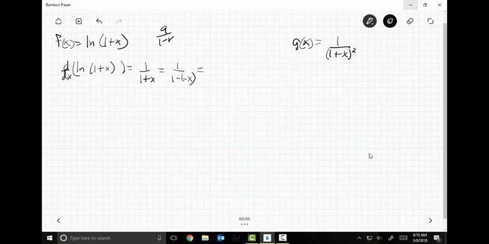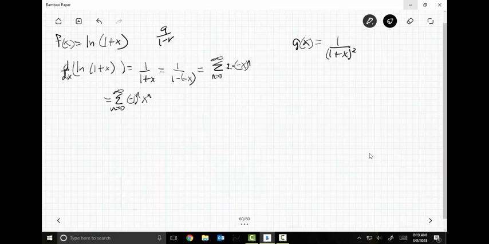Which we know, because it's in this form, becomes the sum, as n goes from 0 to infinity, of a, which is 1, times r to the n, which is negative x to the n. If I clean this up, I get the sum, as n goes from 0 to infinity, of negative 1 to the n, x to the n. Fantastic.